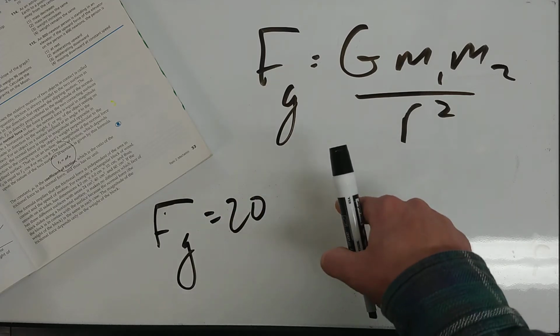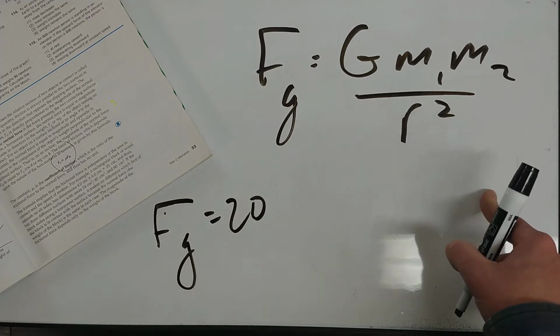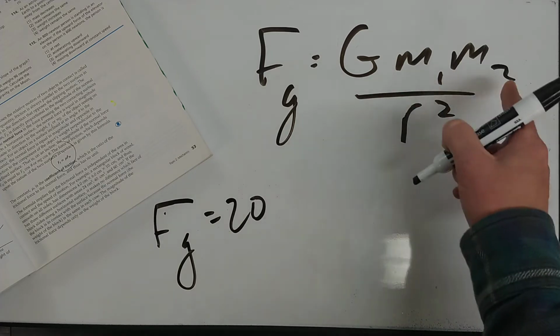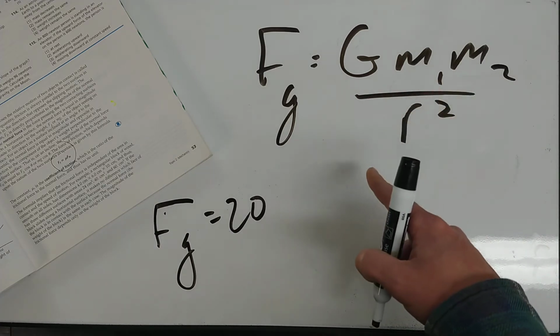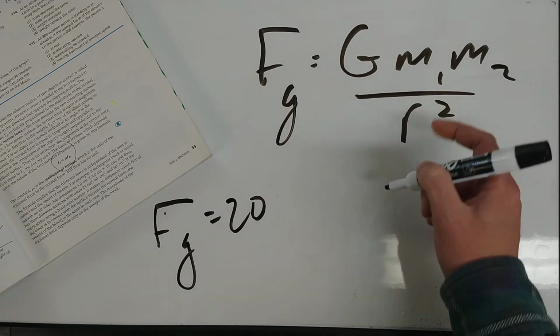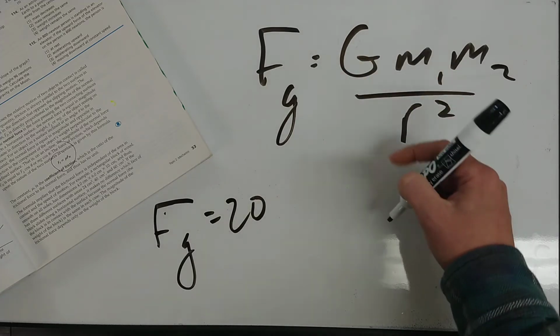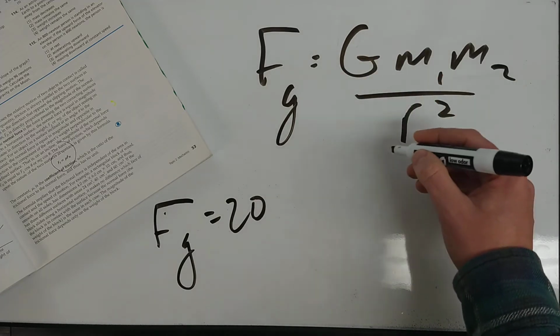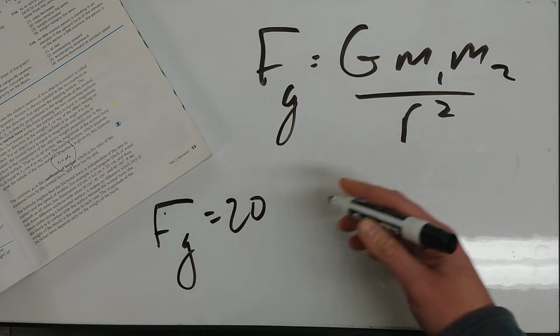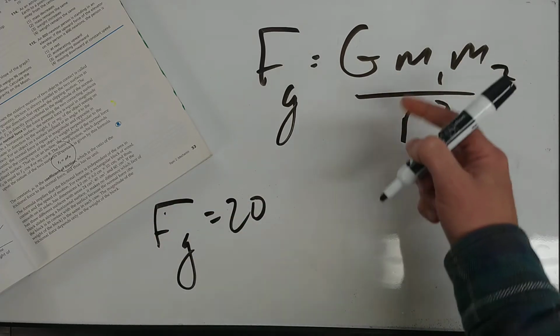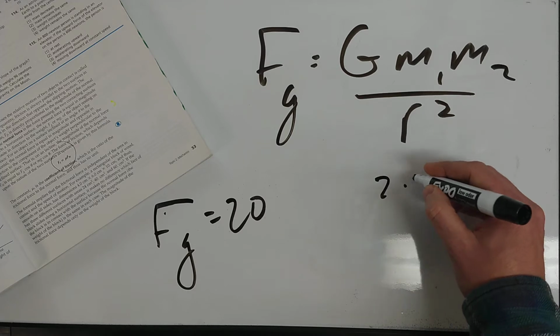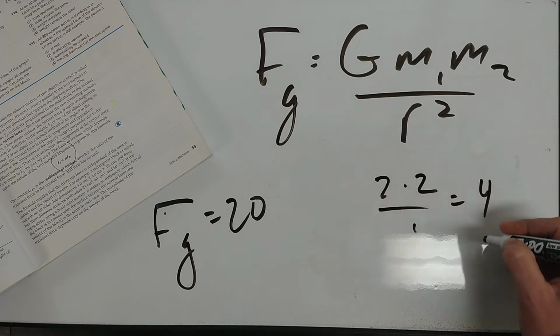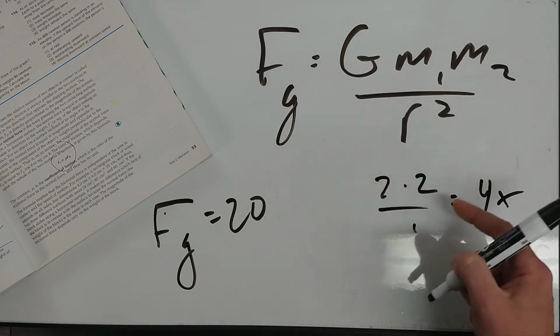So that's the Fg to start off with, 20 newtons. If we double each object's mass, you can do it like I did in the last video, where we don't worry about the G. We just say it was 1 times 1 over 1. That gave us 20, but now I'm going to double the masses. So it's 2 times 2 over 1. That's going to be 4 times more force now.